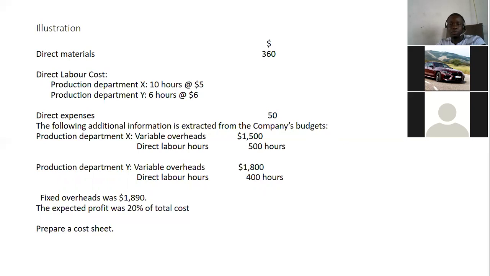Here they've not given us the hours, so what we are going to do is sum up all the hours: the direct labor hours for production department X and the direct labor hours for production department Y. Let's look at the workings.